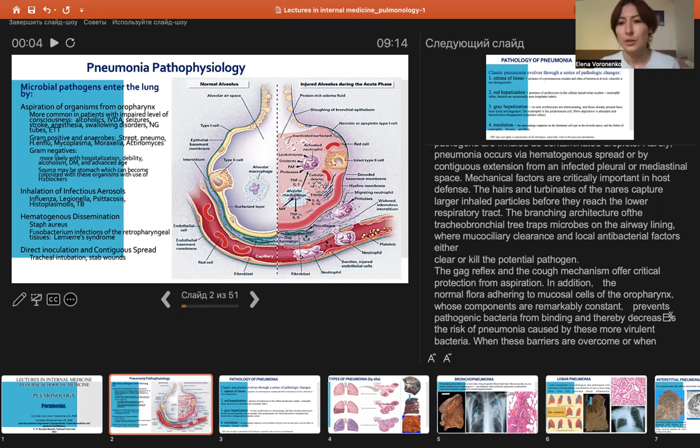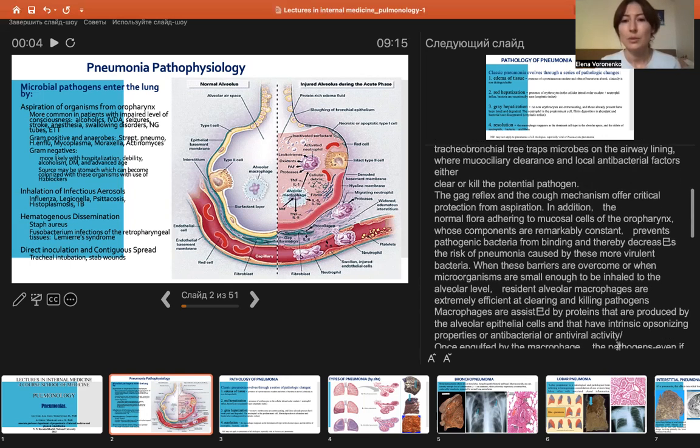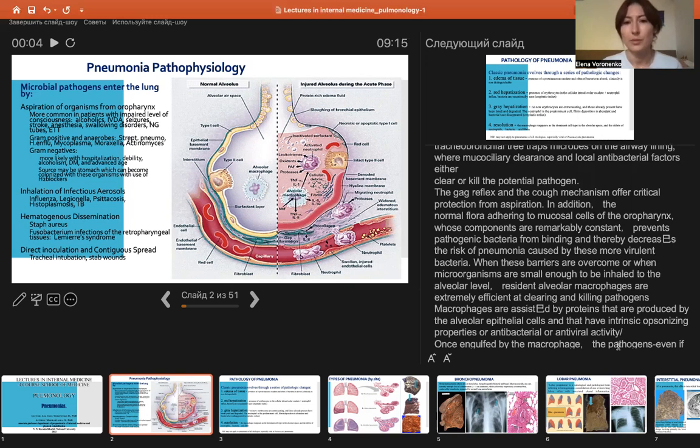The branching architecture of the tracheobronchial tree traps microbes on the airway lining, where mucociliary clearance and local antibacterial factors either clear or kill the potential pathogens.